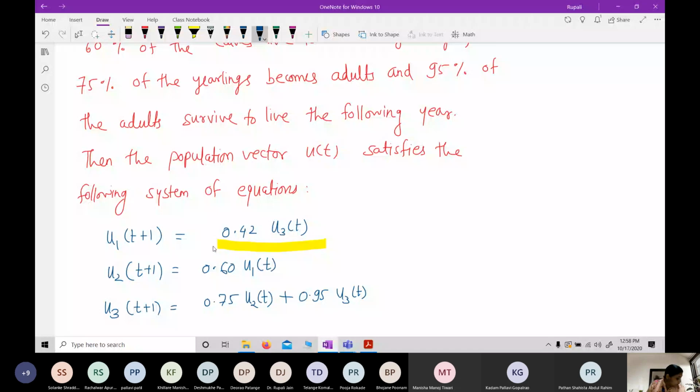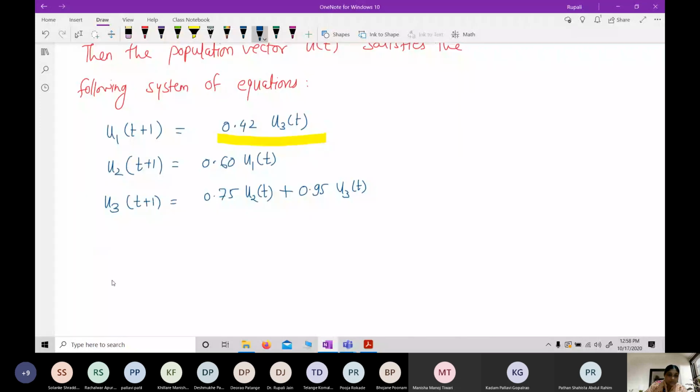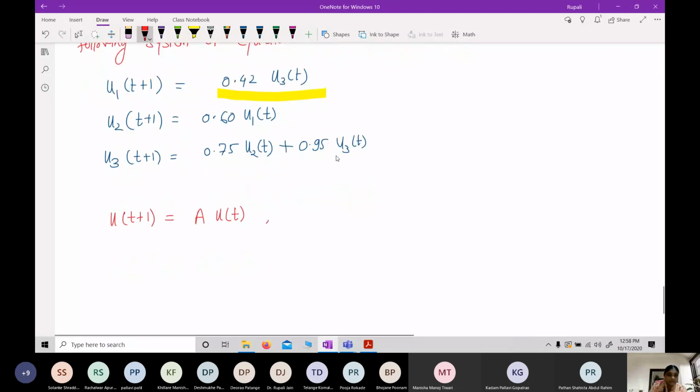So whatever assumptions has been given, from that we have written three equations in three unknowns, right? So this only I can write in matrix form as u at t+1 is equal to A times u at t, where A is what?